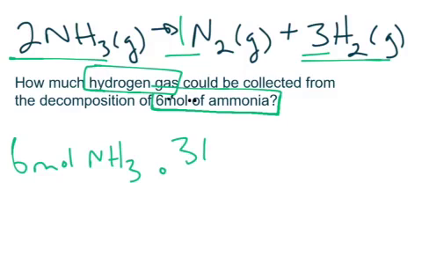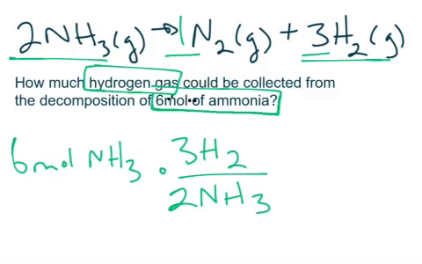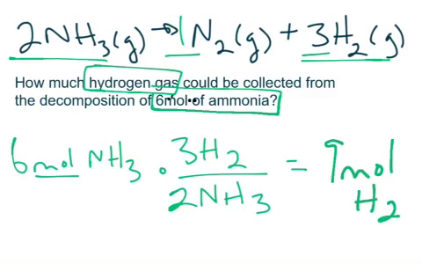So we're going to multiply by 3 hydrogens and divide by 2 ammonias. What we're saying here is for every 2 ammonias that we use up, there's going to be 3 hydrogens that replace it. And this is going to leave us with 9 moles of H2. The reason why the unit is mole is because mole did not cancel out. The only thing that canceled out was the NH3. So essentially we did 6 moles times 3 divided by 2, which is why mole is still the unit for our answer.